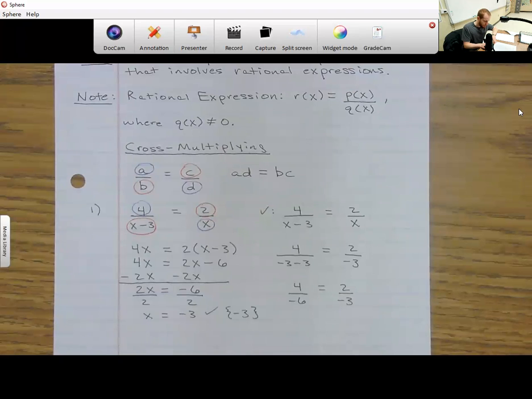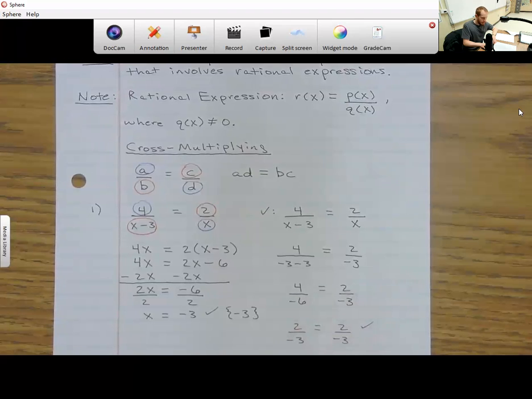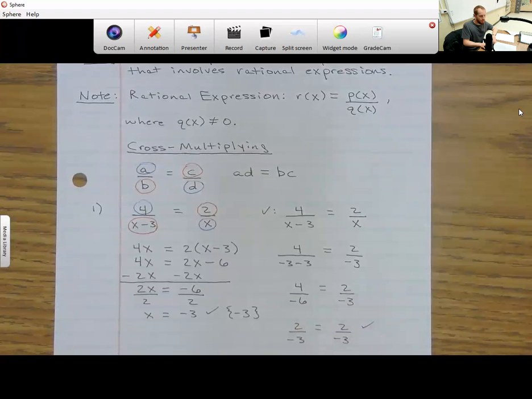I get 2 over negative 3, which is the same thing as this side. So I get a true statement at the very end. So that means that my answer works. Okay?